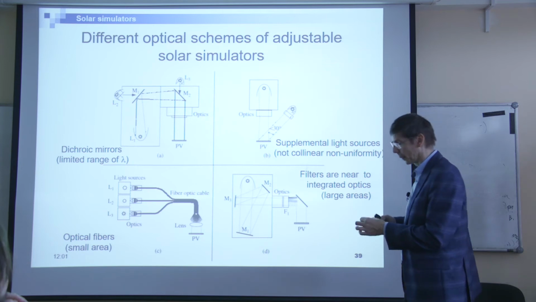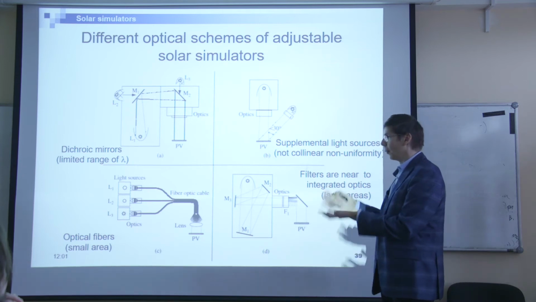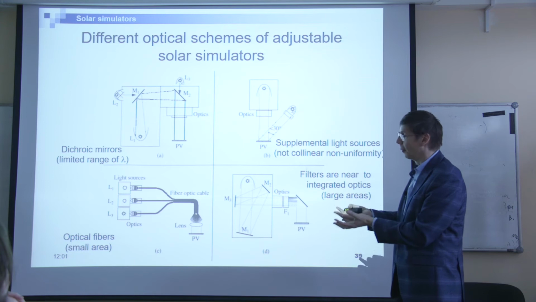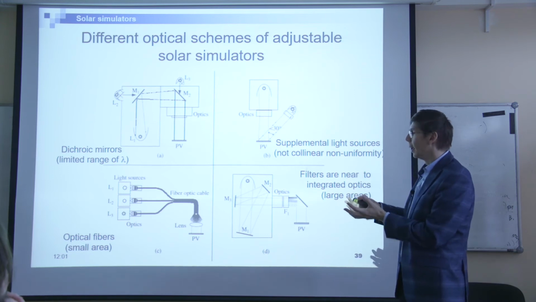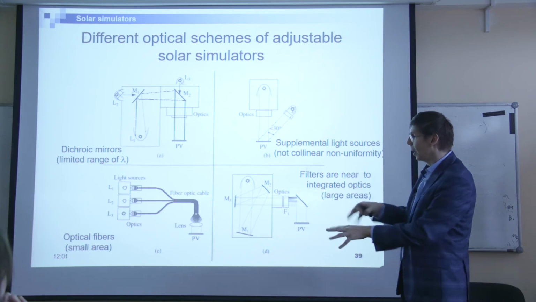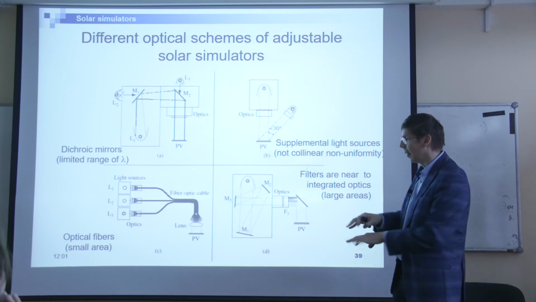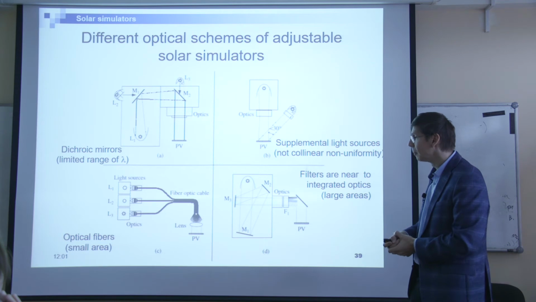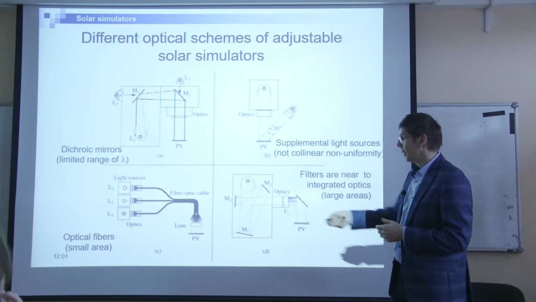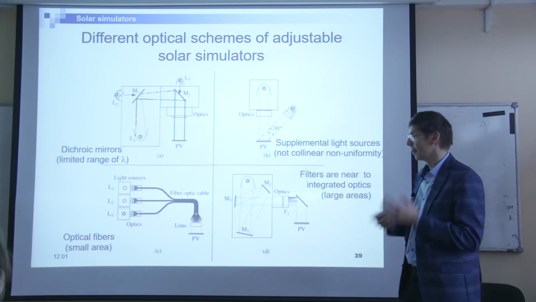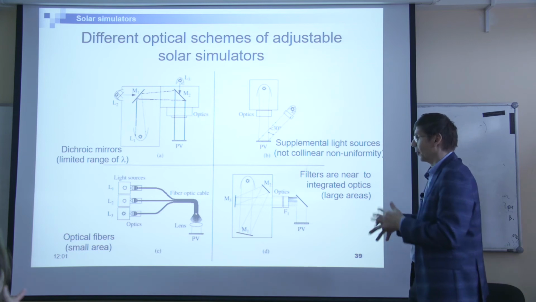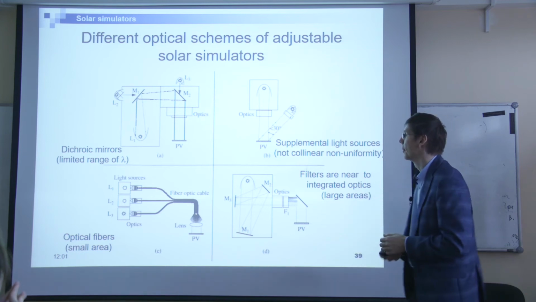It's a spot of several fibers. There are a lot of them, and then you mix the small fibers, trying to provide more or less homogeneous light, and then you have this mix of sources.